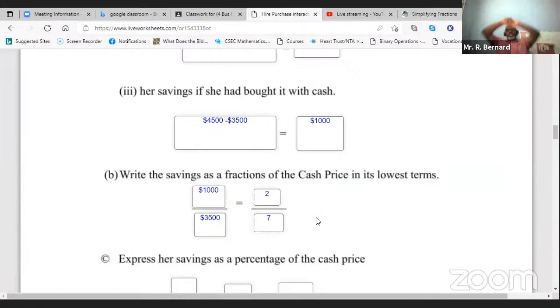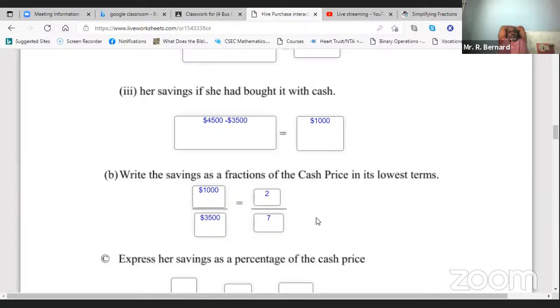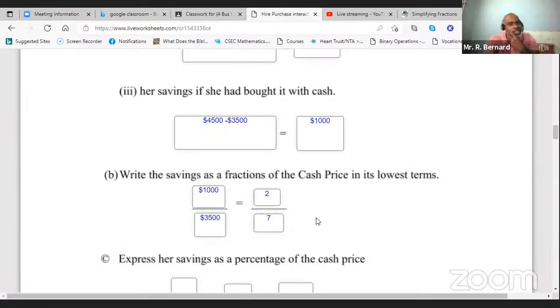So that's the lowest it can go? Yes, sir. Sure? Can't go lower than that? No. How come? Because 7 is an odd number. All right. Yeah, that's the answer.